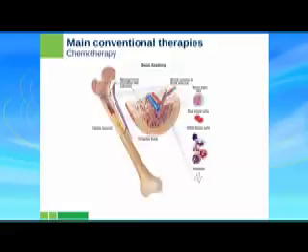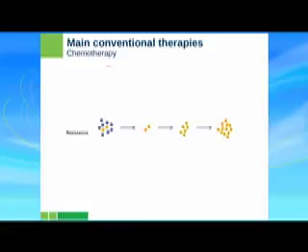So before we proceed, I would like to give you an overview about resistance, what happens with the cancer after chemotherapy. Here you see as an example a tumor with different cancer cells, and as an example I marked 2 cancer cells as resistant to this chemo drug.